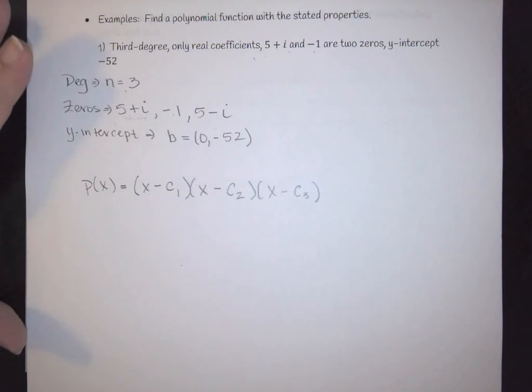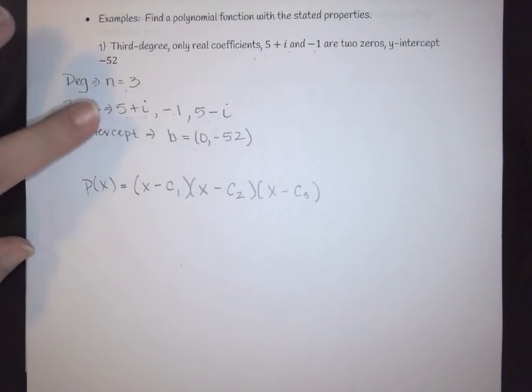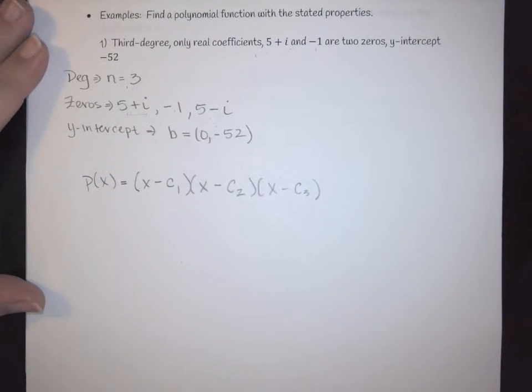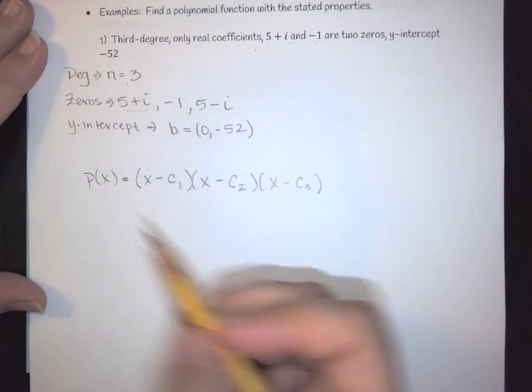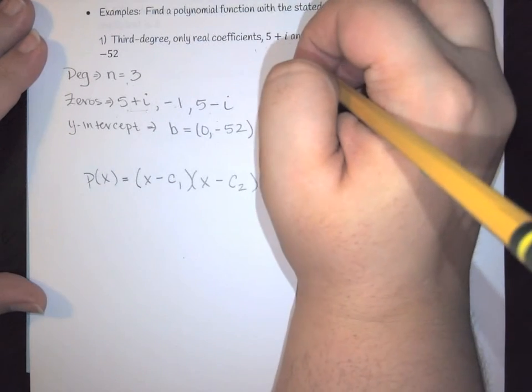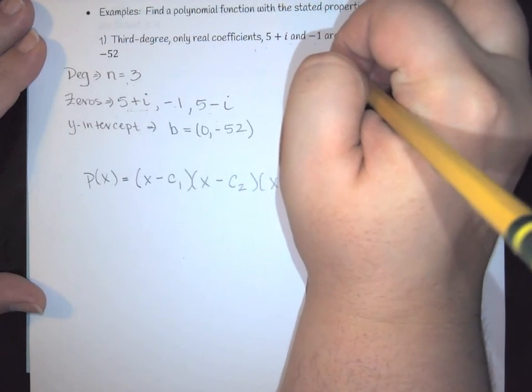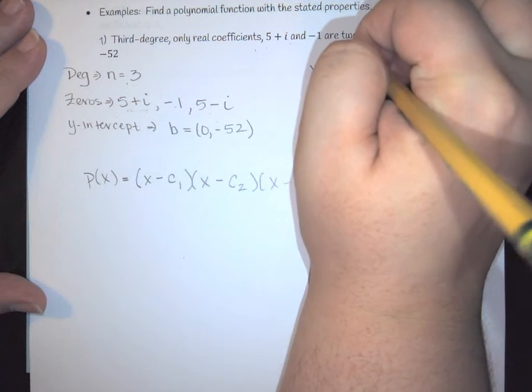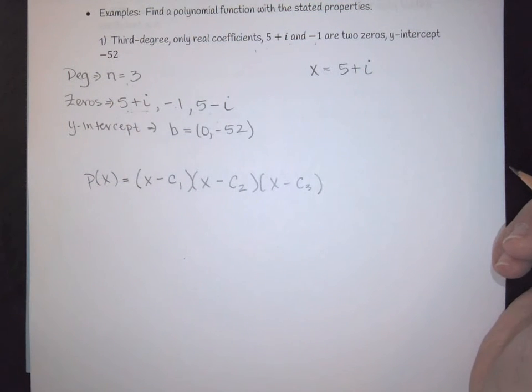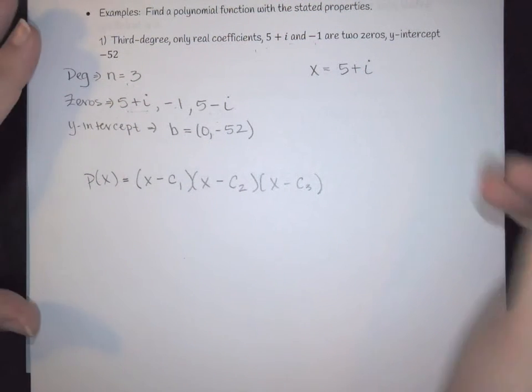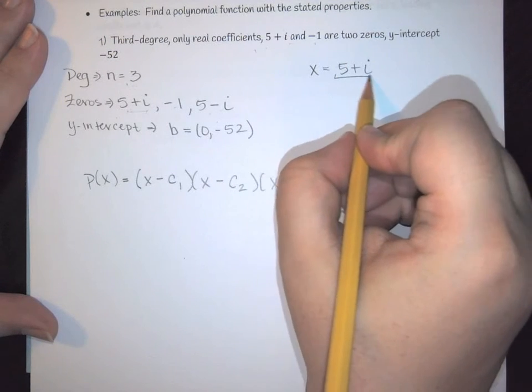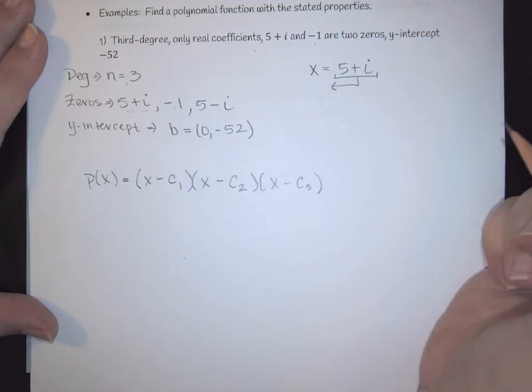So we have to figure out c1, c2, and c3, and we get those from our zeros. For my first zero, we have that x is equal to 5 plus i. In order to turn it back into its factored form, I have to take all of this and move it to the other side of my equal sign.